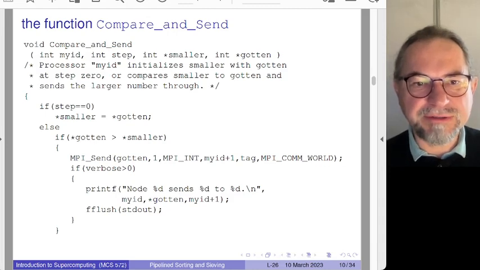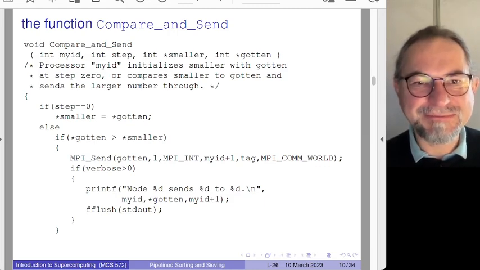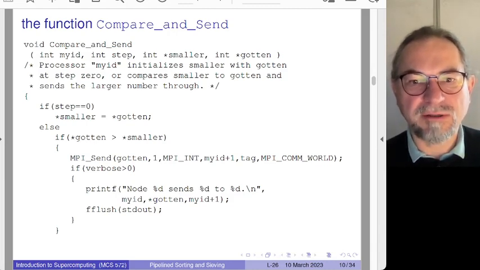The received number is called gotten, which is a shorter word than received. Not entirely correct, I realize. So it gets sent to the my ID plus 1 number.